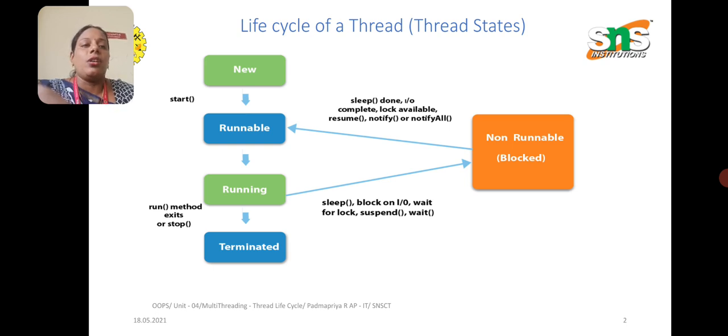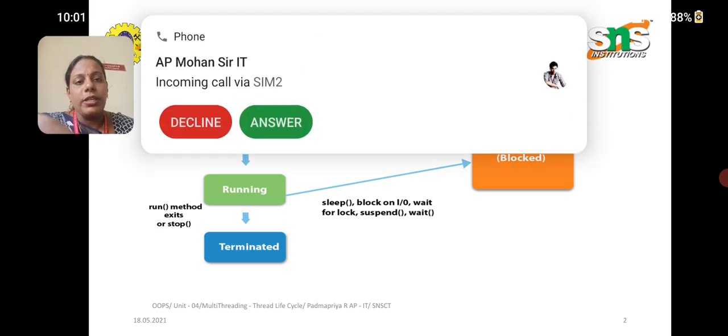If it is non-runnable, it is in the blocked state: sleep, done, IO complete, lock available, resume, notify or notifyAll. Once it is runnable, it moves to the running state. Run method exits or stop, sleep, block on IO, wait for lock, suspend, wait. Once the running state is completed, it goes to terminated.